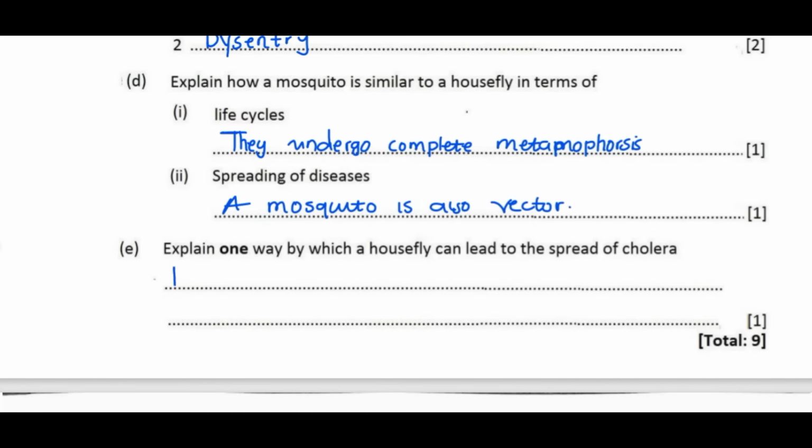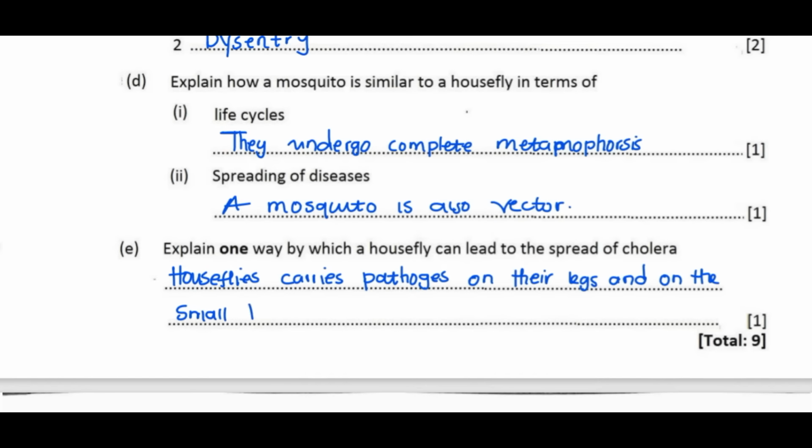So we'll say houseflies carry pathogens on their legs and on the small hairs that cover their bodies.